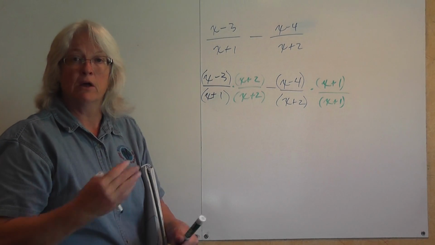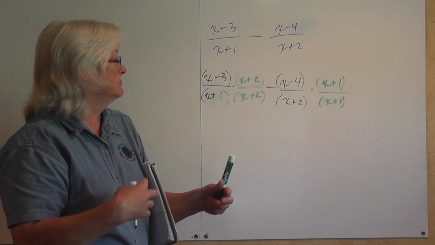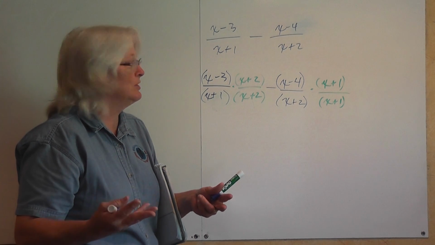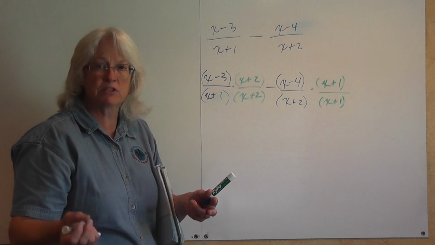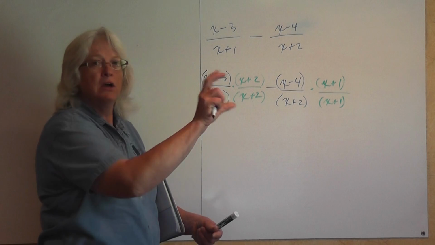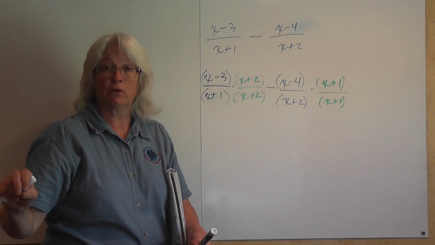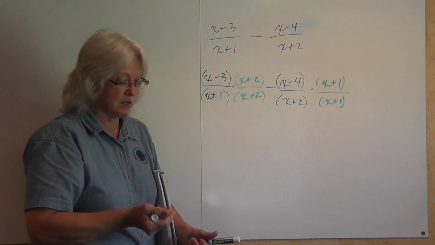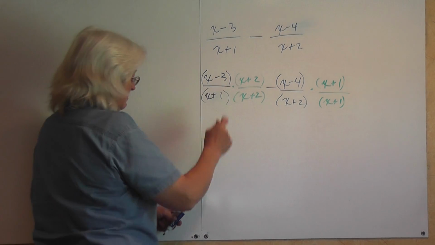Also, one of the things you need to do when dealing with rational expressions is reduce by canceling common factors, so it doesn't make sense to multiply the denominator together because we're looking for common factors that we can cancel. So what do we have when we multiply the numerator together?